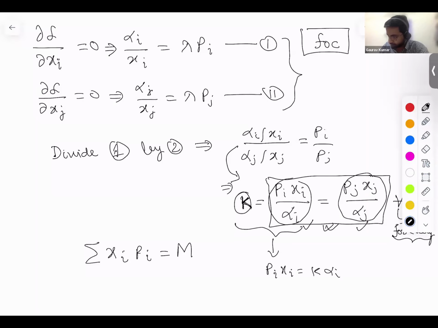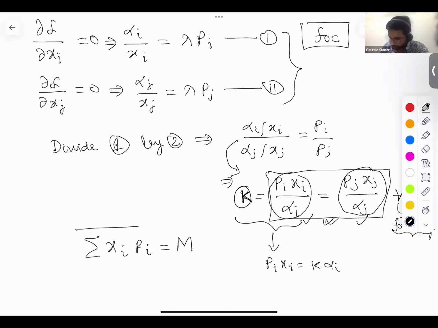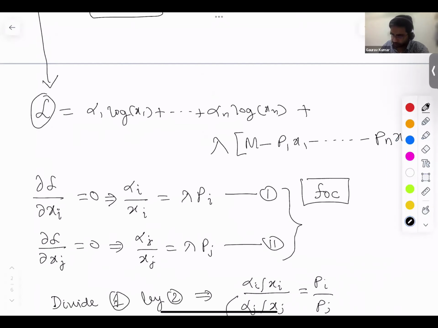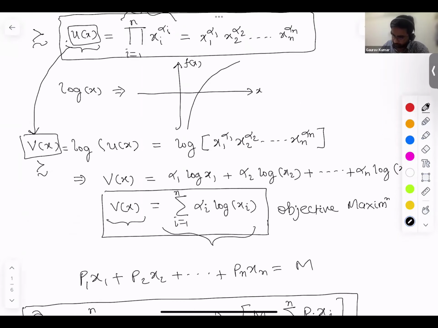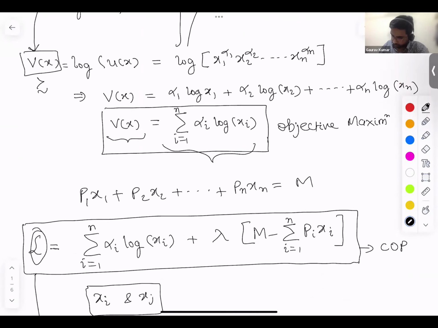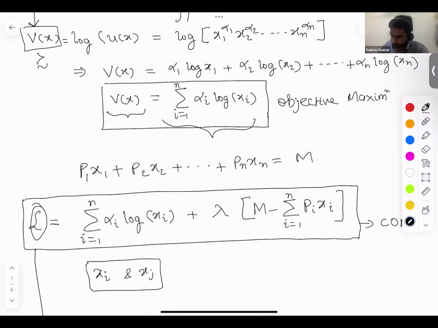And this is your budget constraint which we saw here. Now you just substitute this thing here, and what you will get is, in the question there is a condition already given that sigma of alpha i is equal to 1.